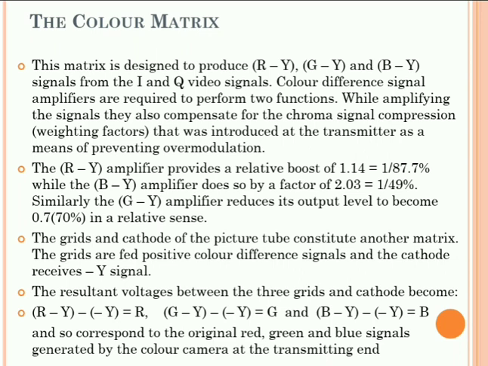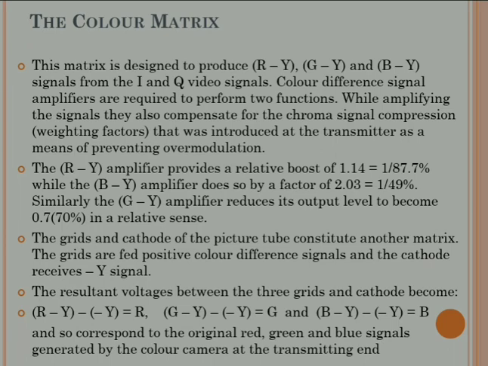Means the receiver will get whatever information was transmitted from the NTSC encoder or transmitter side, that was R, G and B signals, which were the output of the video camera. This is nothing but the NTSC decoder, and so it corresponds to the original red, green and blue signals generated by the color camera at the transmitting end, as we have seen before.